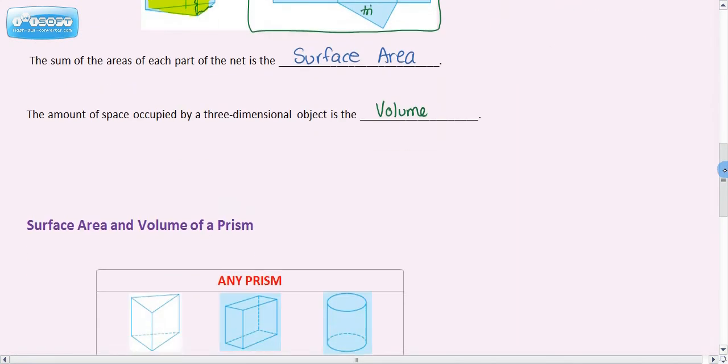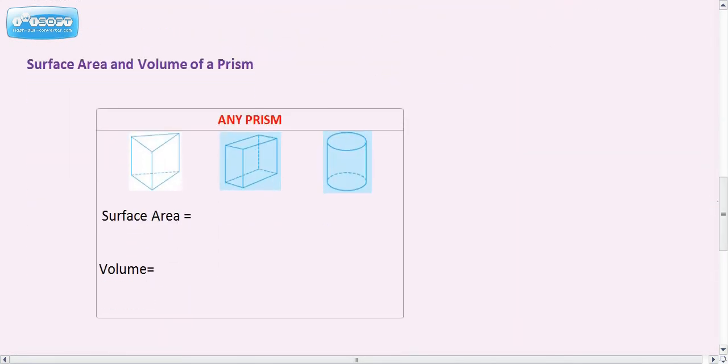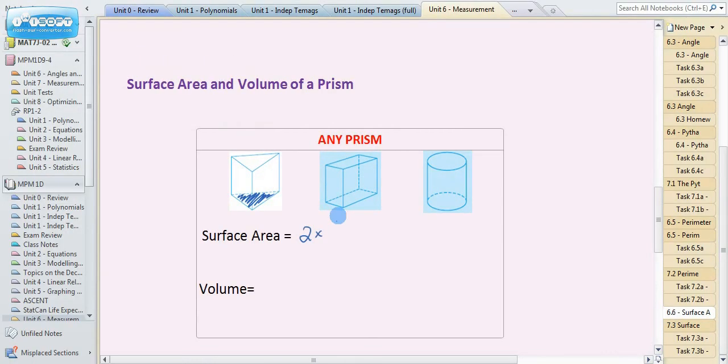So for the surface area and the volume of a prism, we have an equation. The surface area of a prism is simply 2 times the area of the base plus n times the area of the rectangular sides, okay?